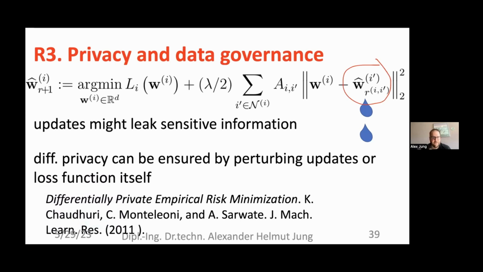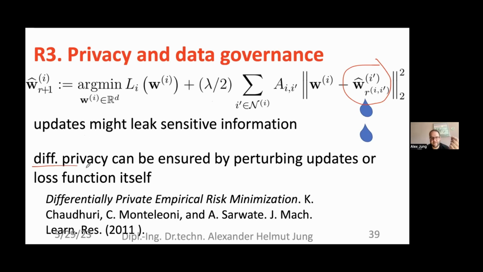It's not too fresh, a 2011 JMLR paper, which characterizes how much we must perturb the solutions of this optimization problem, or provides somewhat precise means for how much noise we must add to this optimization problem to ensure what is called differential privacy.